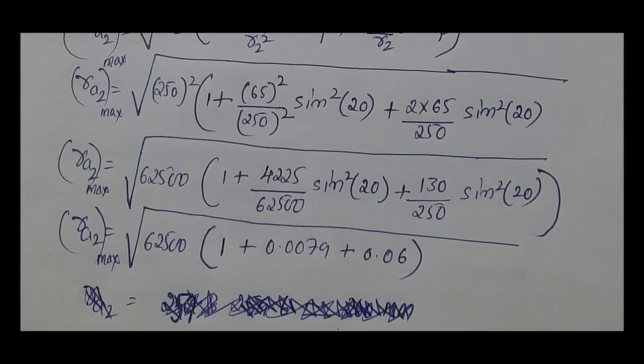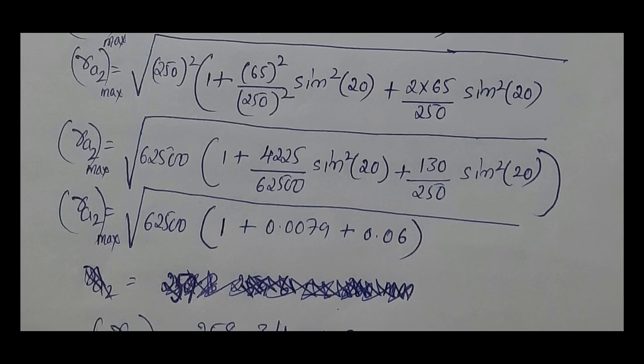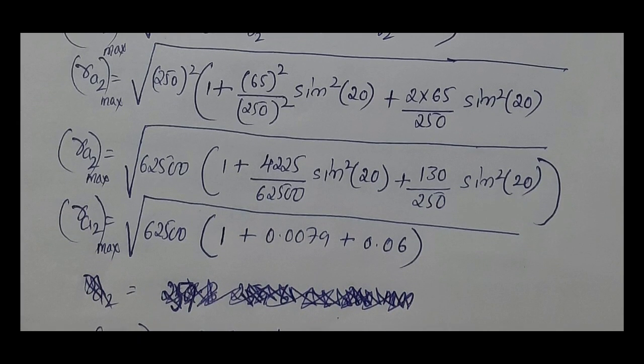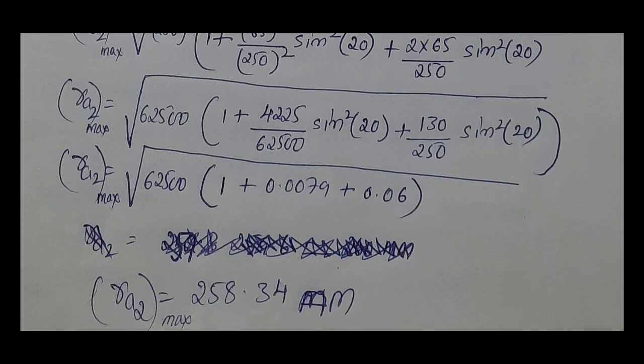Substituting the values and making a simple mathematical simplification for convenience, 250 squared is 62,500 and 65 square is 4,225. I simplified the problem so you can easily understand it. So the final result is RA2 max is equal to 258.34 millimeter.